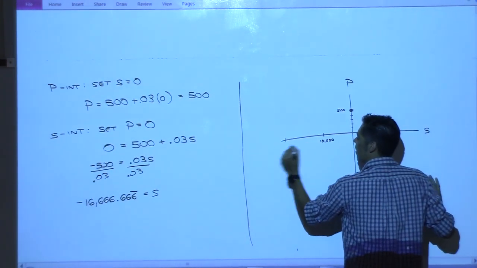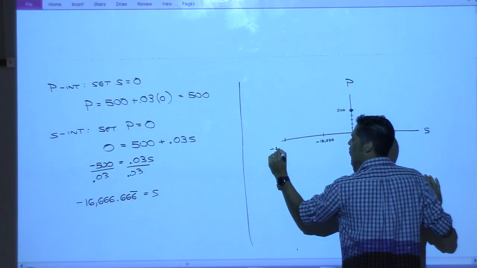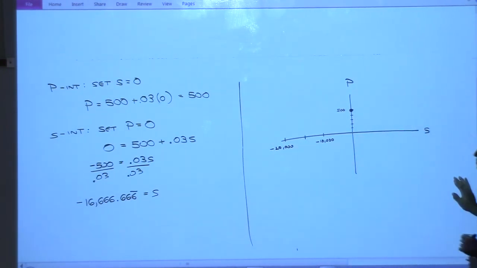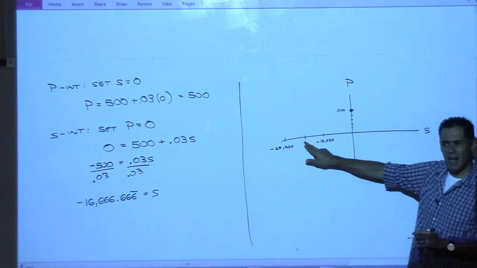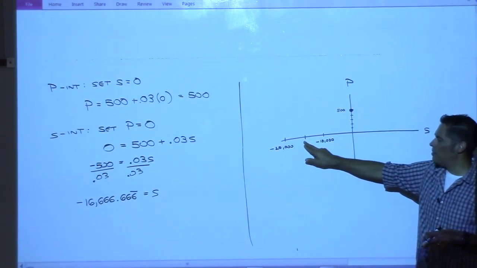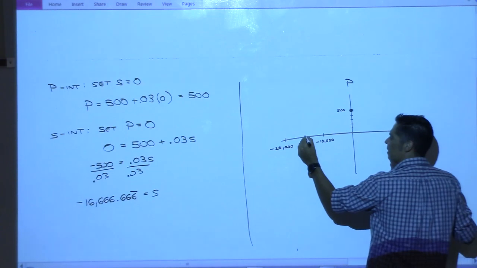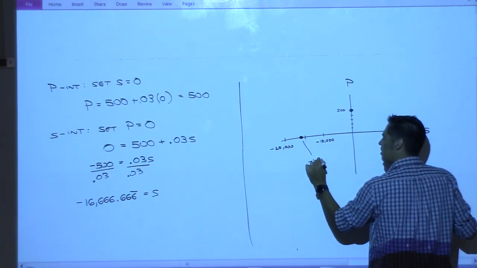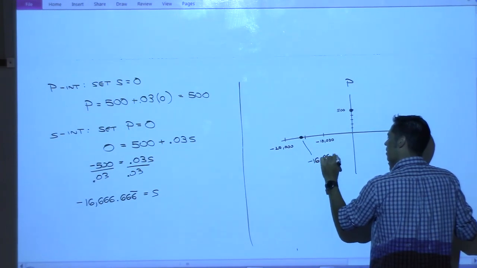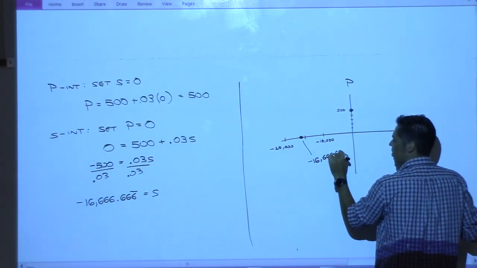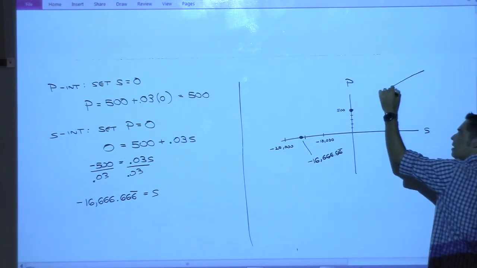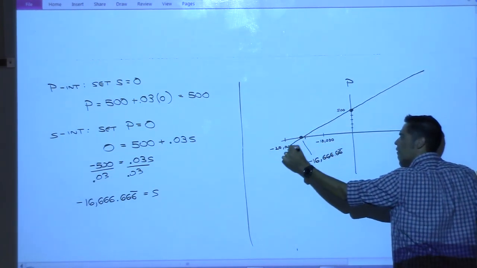Then this would be, oh, sorry, negative 10,000. Then this would be negative 20,000, right? That right there would be about negative 15,000? And we need to go to negative 16,000, so we're just going to eyeball it right there. We're going to say that that's negative 16,666.66. So then we draw a straight line connecting those like that.